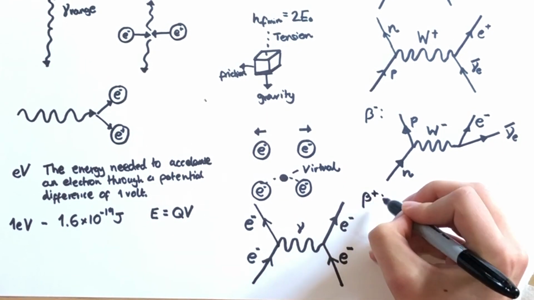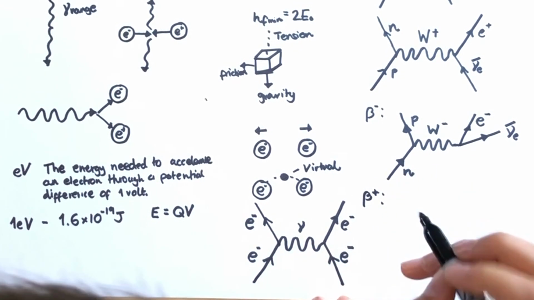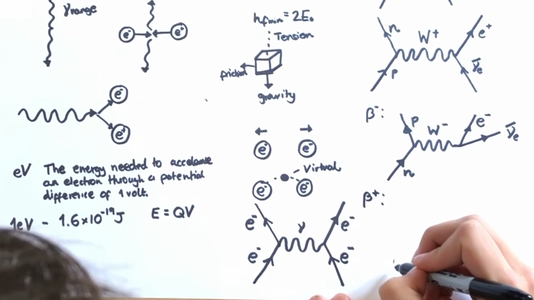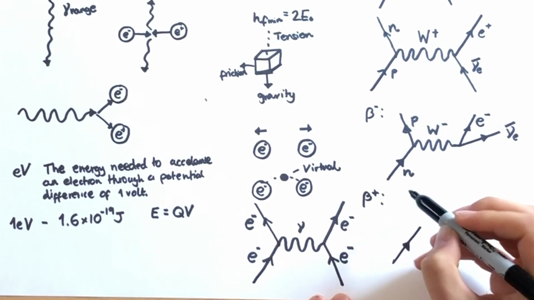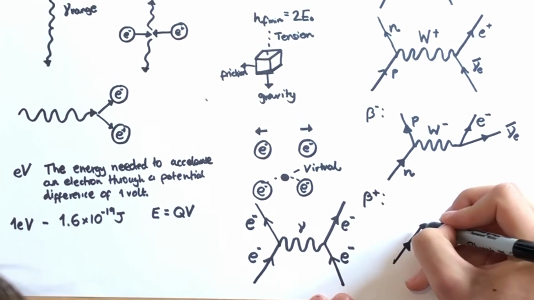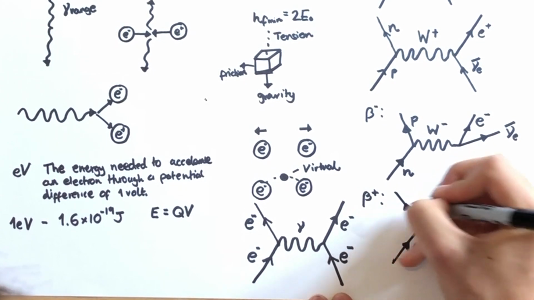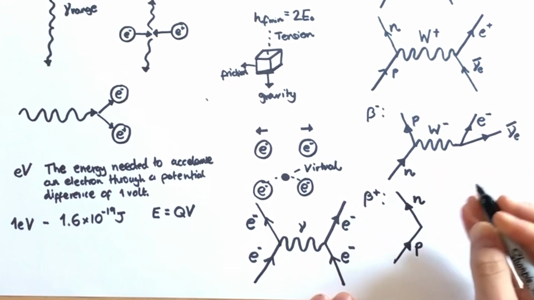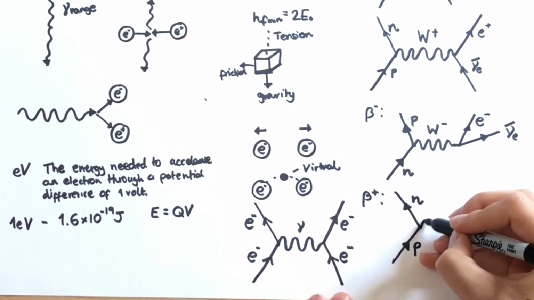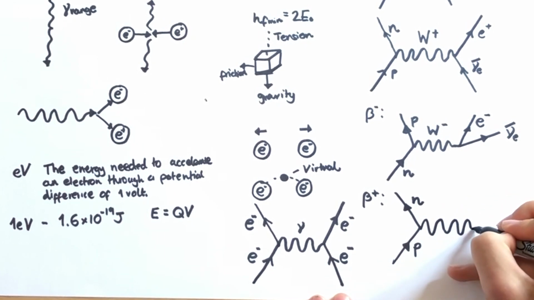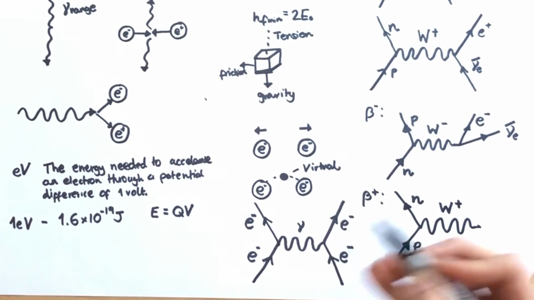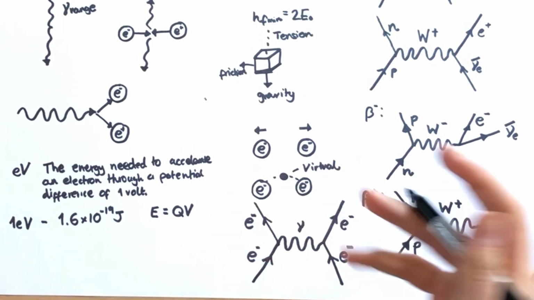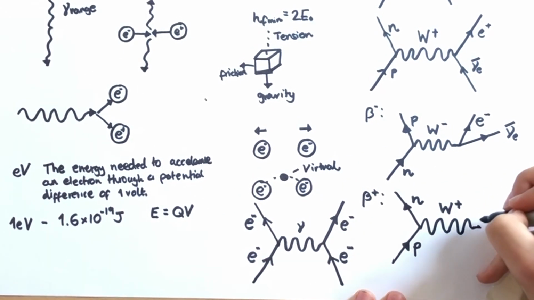Let's do our Feynman diagram for the beta plus decay. So rather than a neutron turning into a proton, we have a proton that's turning into a neutron. So there's all our baryons on the left. Here's our little wiggly line, and we have the W plus boson, which is the exchange particle responsible for this reaction.